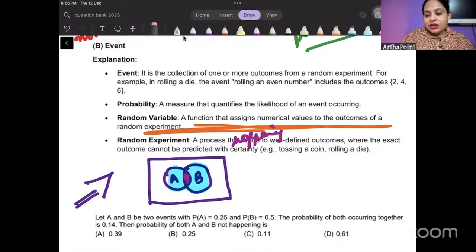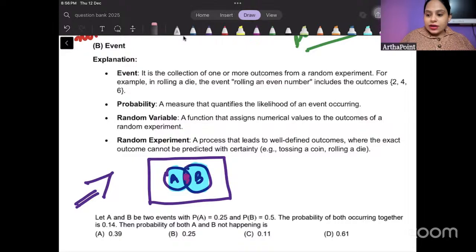Not happening माने what will be not happening? It means this part. Not happening means this part, कि A भी नहीं हो रहा और B भी नहीं हो रहा.